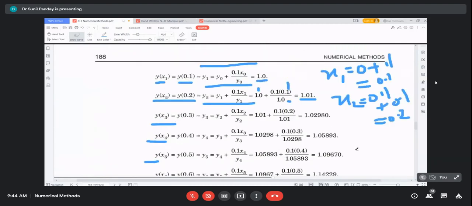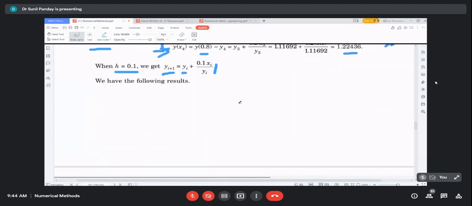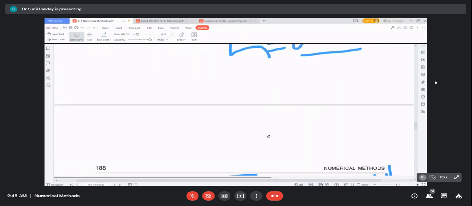If you want to know more values of y, then you take h equal to 0.0001, create a program in some programming language, and then you find most of the values of y, so that you can have the solution of y at a larger number of points.